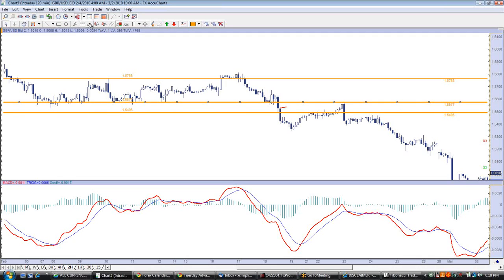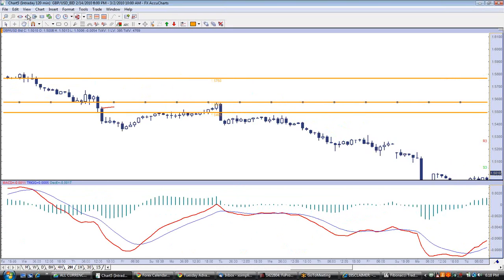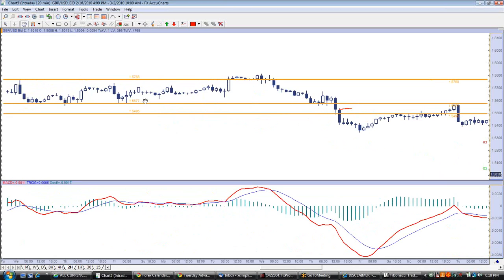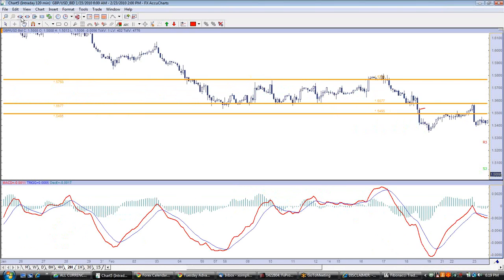So the wick, this wick that I have drawn the horizontal line at 154.95, this wick now is my entry. After that candle closes, the price will be a little higher, and once the price drops below the wick, this will be my entry. This is the one way to enter a breakout.